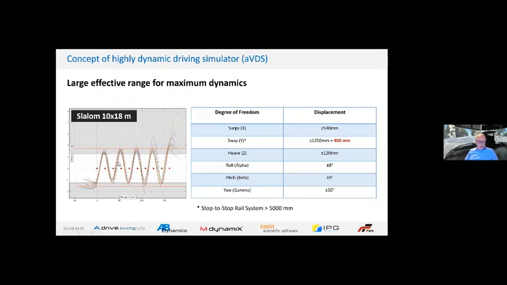We can do everything out of our rail system, and with a new extension we can run a slalom completely out of the rail system, and this gives a big opportunity if you can simulate the body motion one-to-one on a driving simulator in certain use cases.